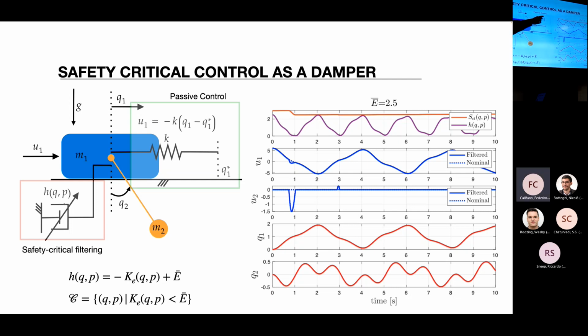And basically, you see that what happens is exactly what is expected. The system is passive, that is, the total energy of the control system only decreases. No? And the moment in which it decreases is the moment in which the safety critical filtering is active, which is the moment in which the control barrier function goes almost to zero.